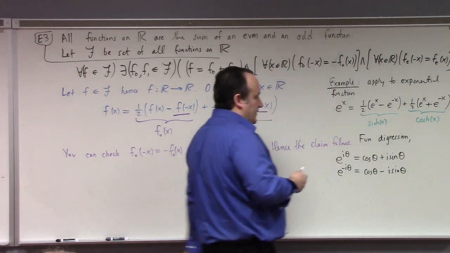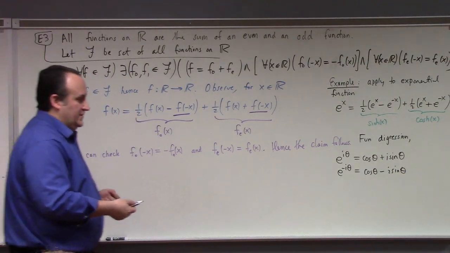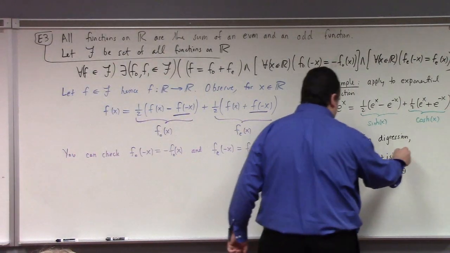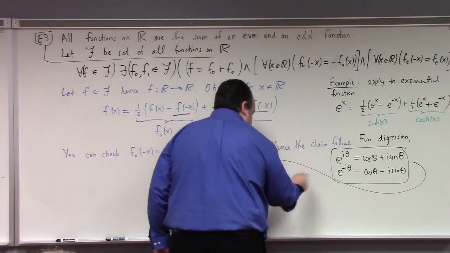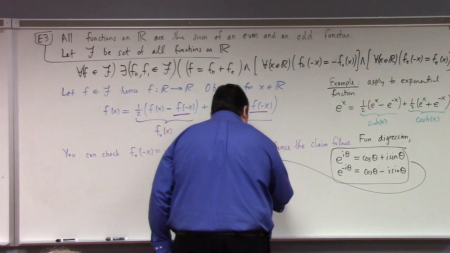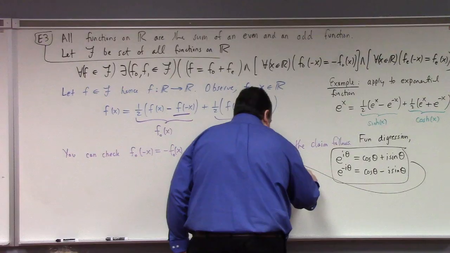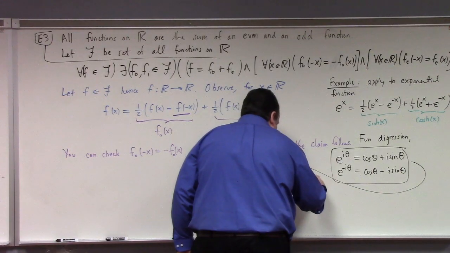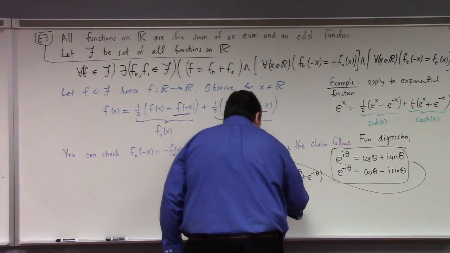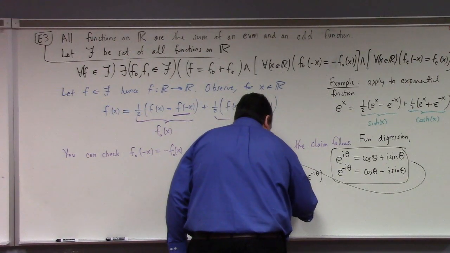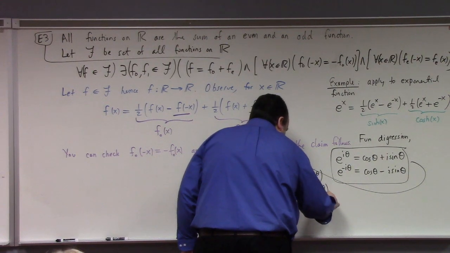If you look at these two equations right here, you can add and subtract them. If you allow me this short Mingus style calculation here, after adding and subtracting and doing some division, cosine theta is 1/2 (e to the i theta plus e to the minus i theta), and sine theta is 1/2i (e to the i theta minus e to the minus i theta).